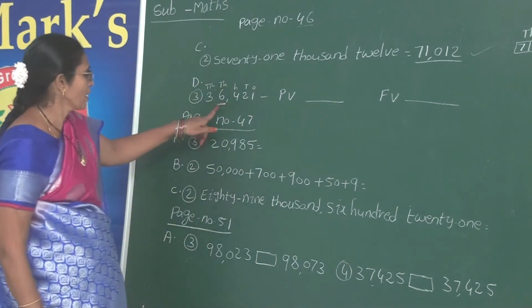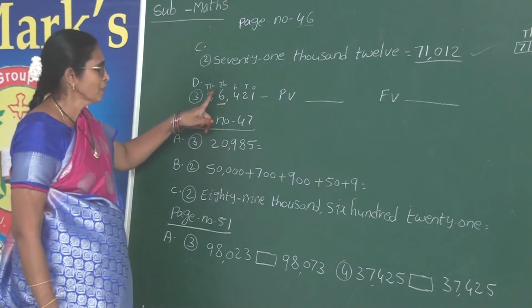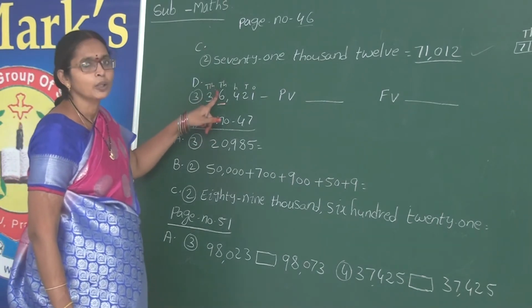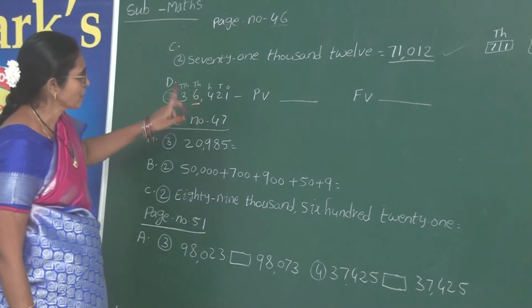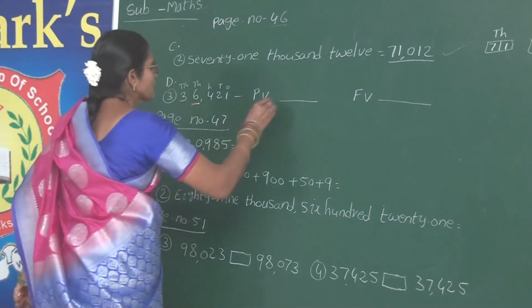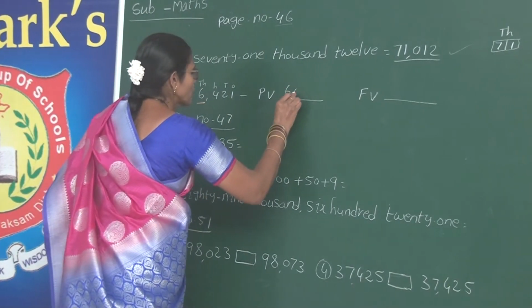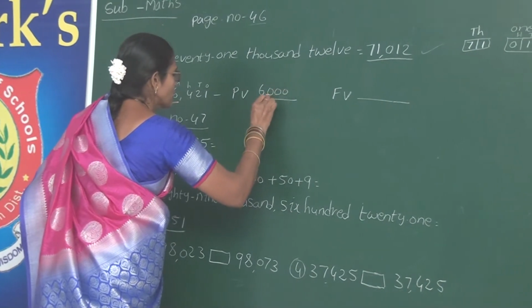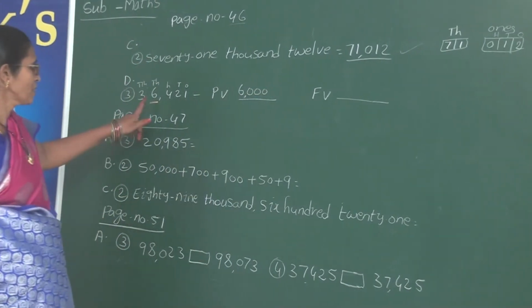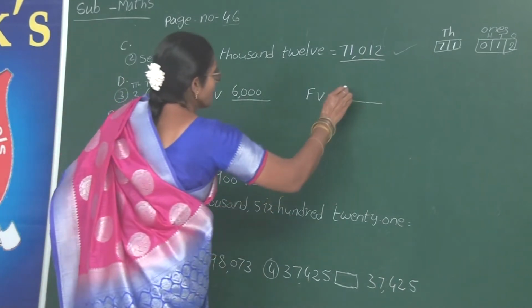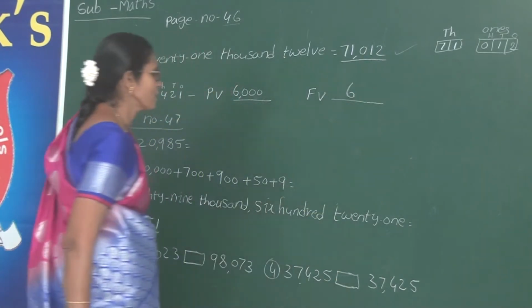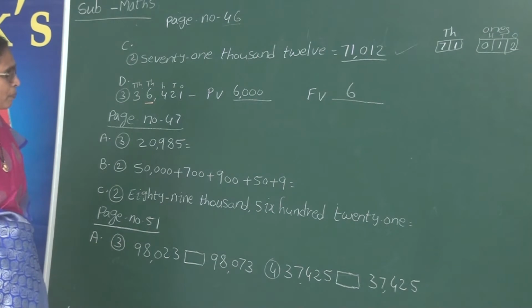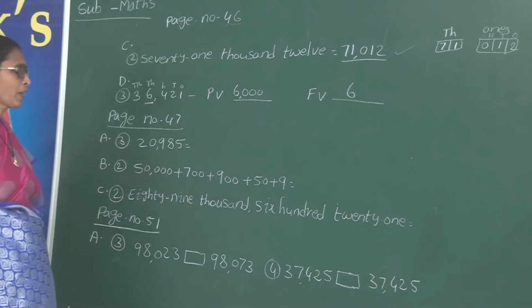Here the underlined digit is in which place? It is in thousands place. So thousands place, what is the place value of this? 6,000. 6 into 1,000 becomes 6,000, that is the place value. Then what is the face value of the digit? That is 6. That's why the face value of this digit is 6 only. Correct? Okay, you did very good.